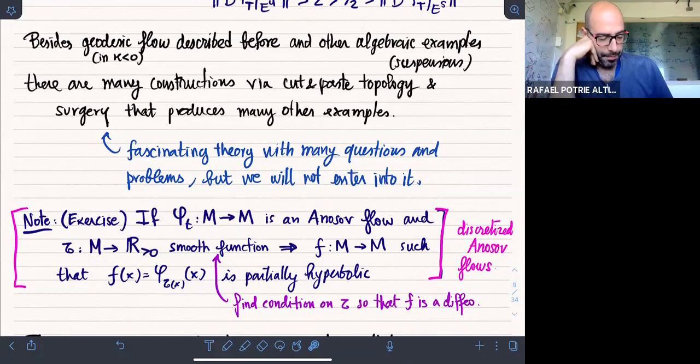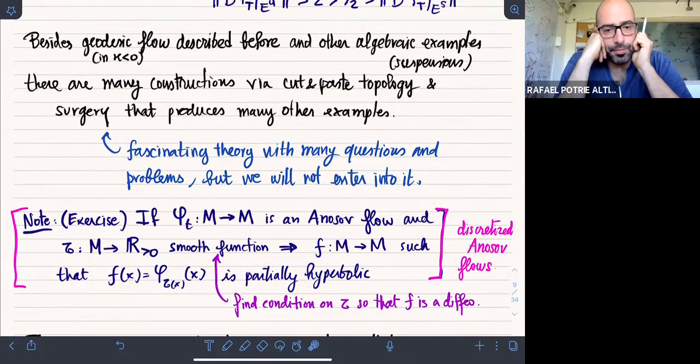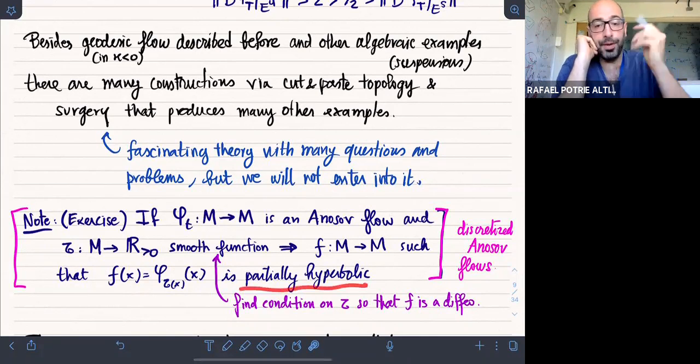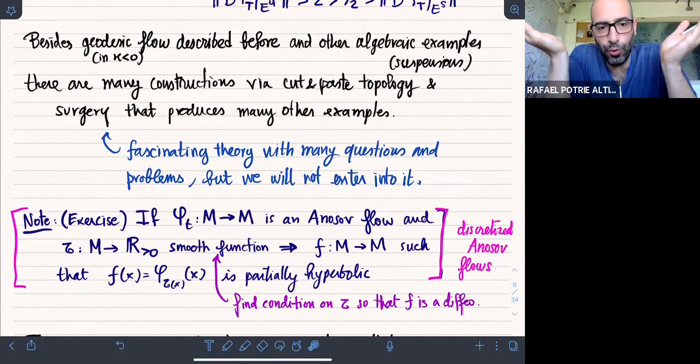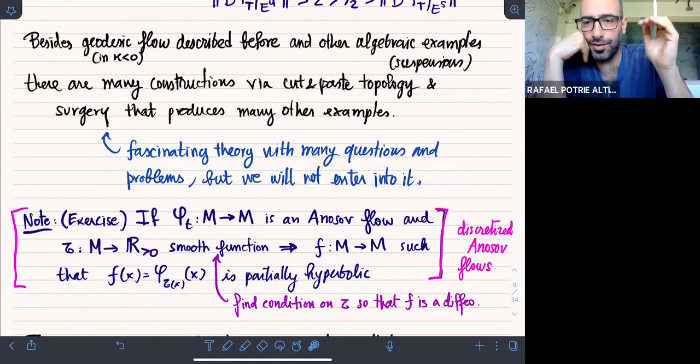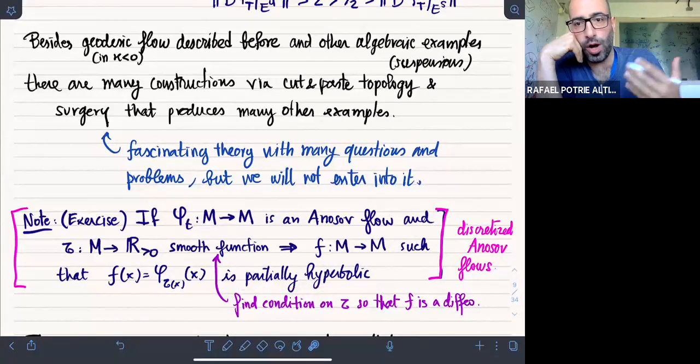My claim is that whenever this map is a diffeomorphism, then this diffeomorphism will be partially hyperbolic. This is a doable exercise, but a non-trivial one. What we will discuss in the rest of this lecture could be a way to approach proving this.